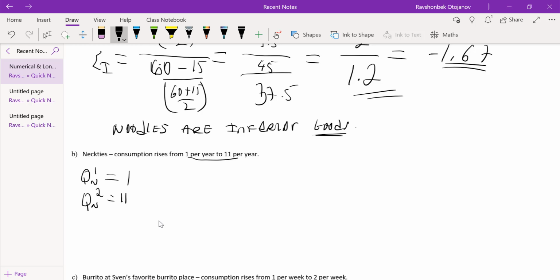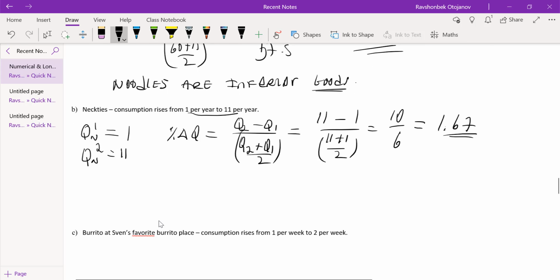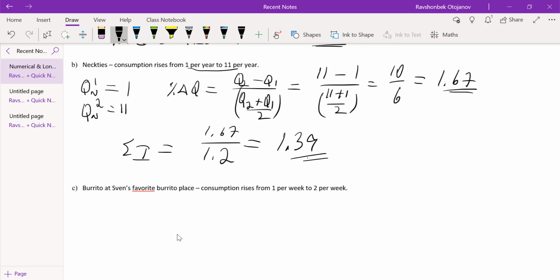All we need to do is calculate the percentage change in quantities. That will be quantity 2 minus quantity 1 over (quantity 2 plus quantity 1) over 2. That's a positive value, so the income elasticity should be positive too, and greater than 1. Income elasticity greater than 1 is usually a luxury good.